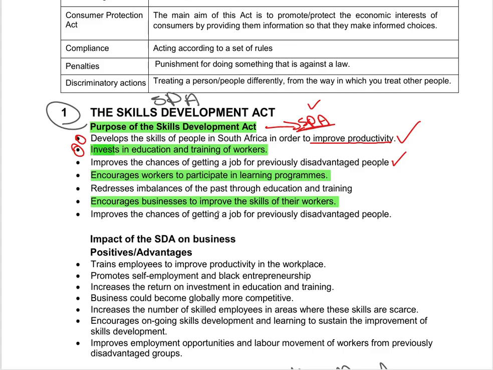So I want to make some mnemonics for you here that will help you not to forget this.